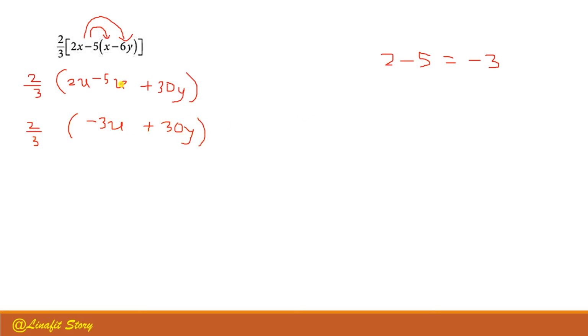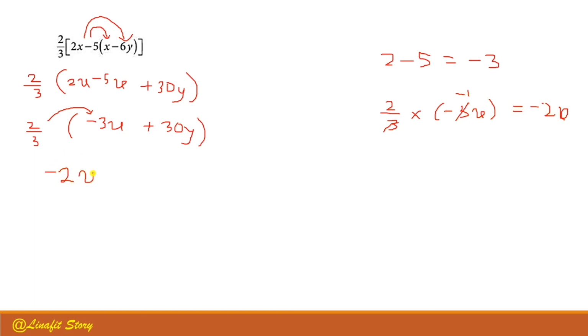2 out of 3 times negative 3x is equal to negative 2x.